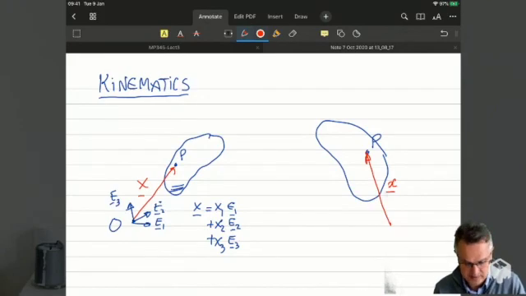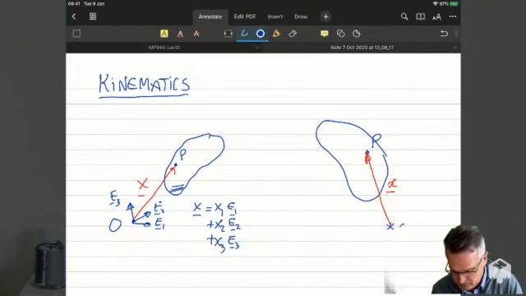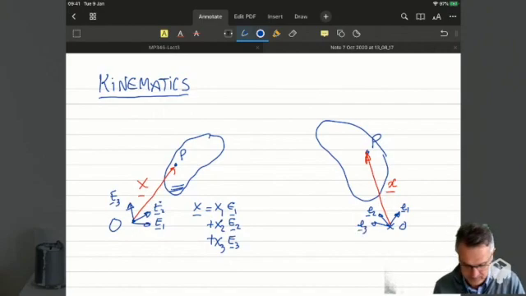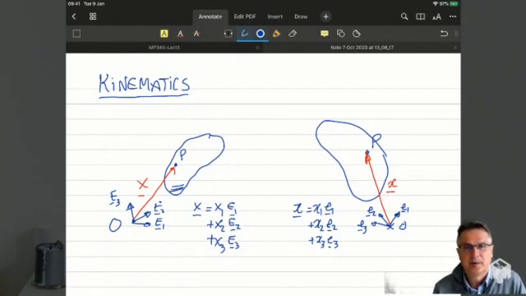I'm going to call it little x, and it is a vector with origin little o, and I'm going to associate 3 unit vectors, little e1, little e2, little e3, in that coordinate system, and write that little x is x1 e1 plus x2 e2 plus x3 e3. All right, so it's the same body, but it has moved and deformed.